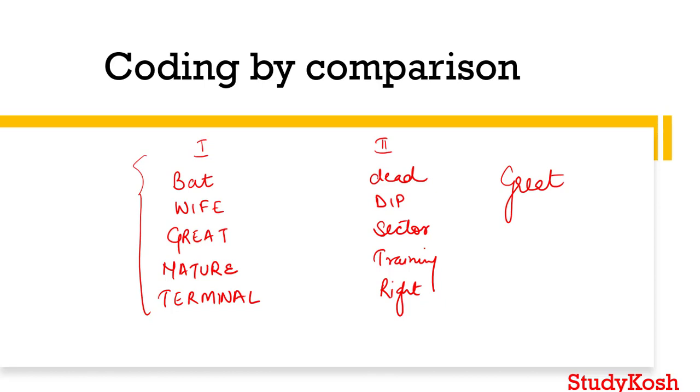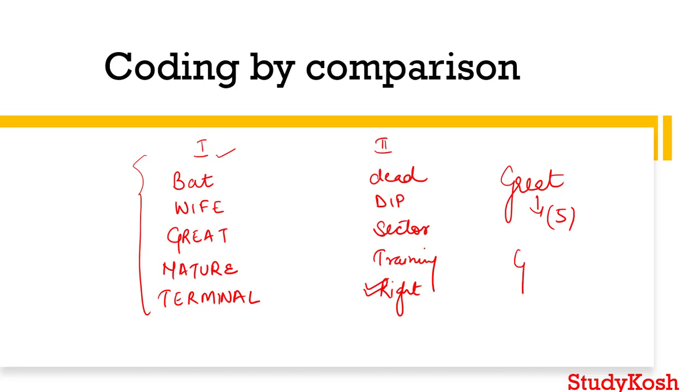They are not having any kind of meaningful relation, I can say. Just you need to find out the exact word which is related to the word present in the first column. So as we can see, the word great has 5 alphabets, right? This is the only word in column 1 which has 5 alphabets, and in column 2 we'll see there is the word right which has 5 alphabets.